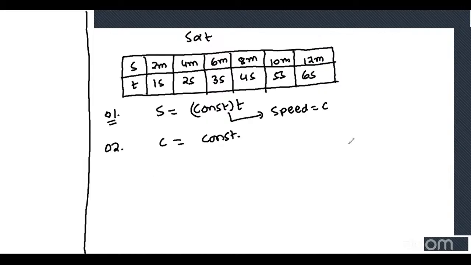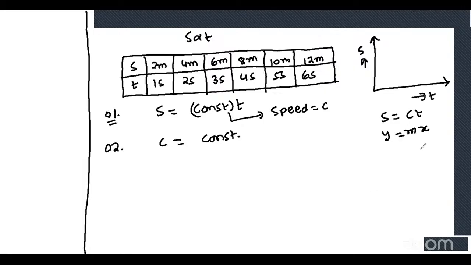Now see, if I draw the graph, on the x-axis it is time and on the y-axis it is distance. Since we have S equal to CT, on the y-axis we have S and on the x-axis we have time. C is a constant, so it is in the form of y equal to mx.